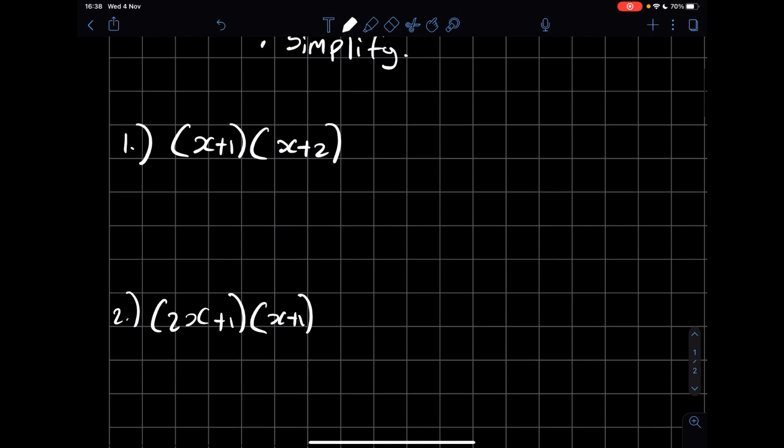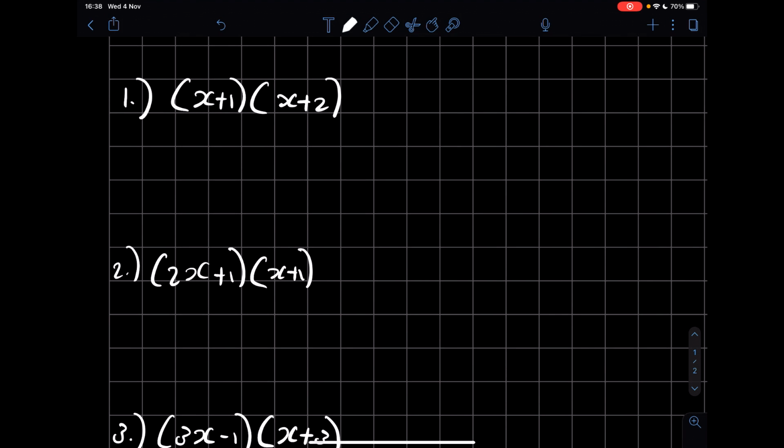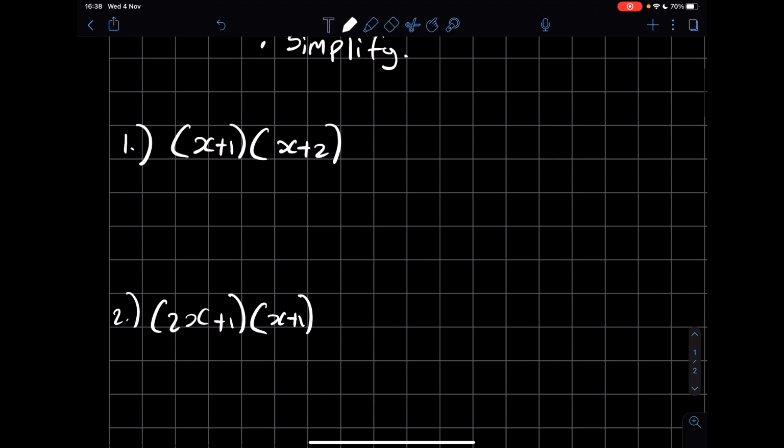Now, in the first video, we expanded the bracket by multiplying it by one term. So, for example, we would have 4 times x plus 2. We expanded this bracket out by multiplying x by 4 and then multiplying 2 by 4, giving us 4x plus 8.